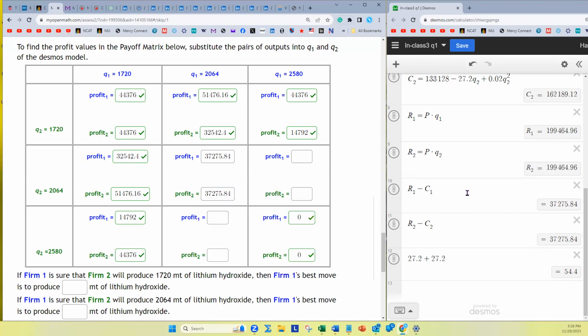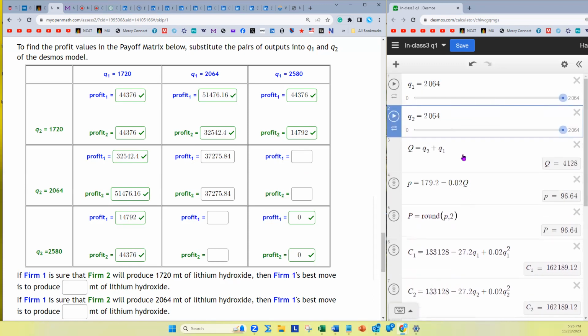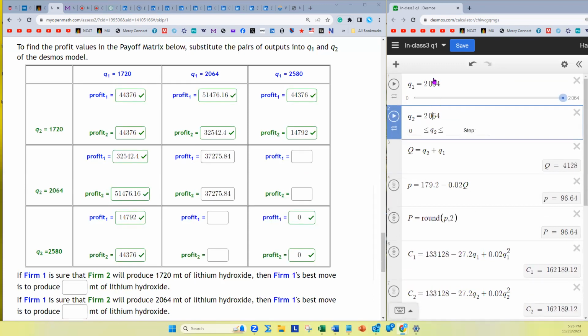Right? Then all we need is the outcome where we keep this at medium output and we change this to high output, 2580 in my case.